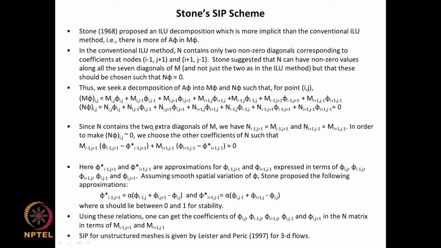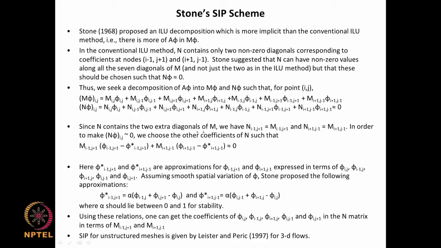Since n contains the 2 extra diagonals of M, we have n at i minus 1, j plus 1. In order to make n phi equal to 0, we choose the other coefficients of n such that M at i minus 1, j plus 1 times phi at i minus 1, j plus 1 minus an estimated value of this, plus M at i plus 1, j minus 1 times phi at i plus 1, j minus 1 minus phi star at i plus 1, j minus 1 is roughly equal to 0.